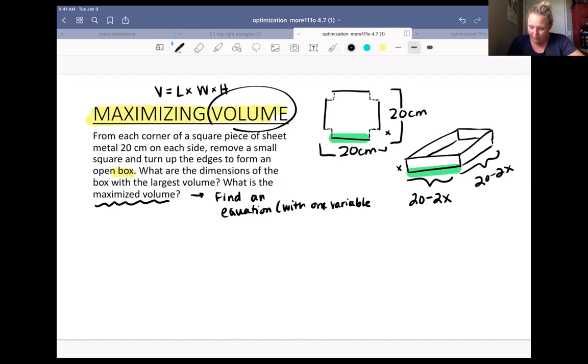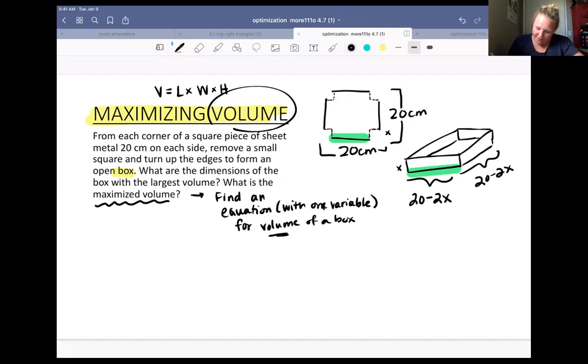No, just regular derivatives. So find an equation with one variable for volume of a box. That's the shape we have. That's what we're trying to maximize. So once we have that equation, we can take the derivative of it, find its critical numbers, and one of those are going to be the value that we're looking for.